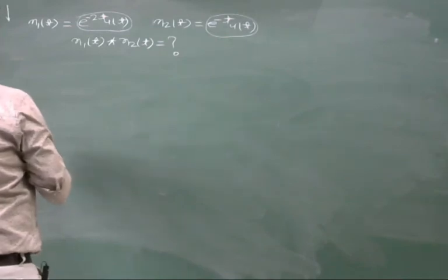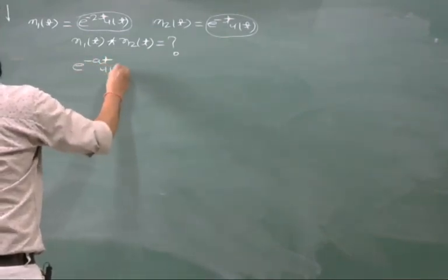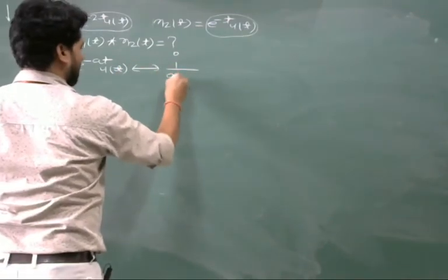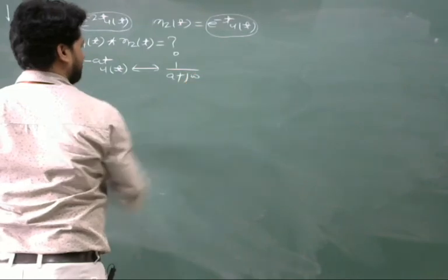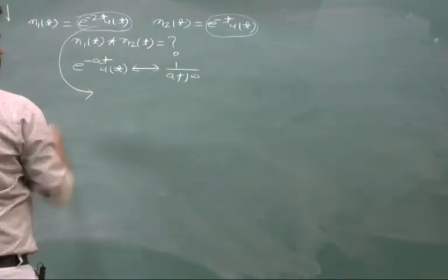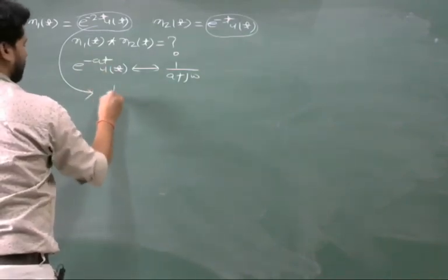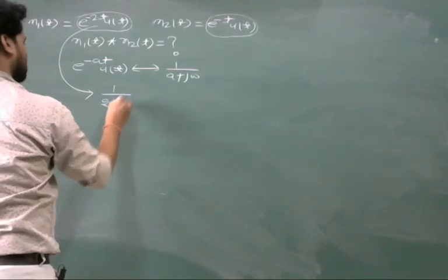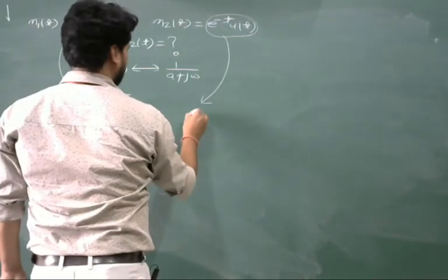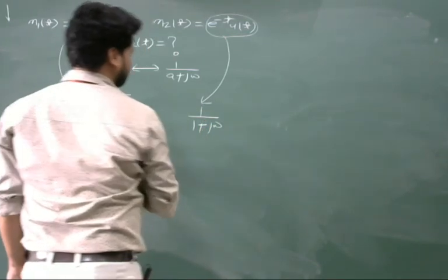Now we know the Fourier transform of e power minus at u(t) is 1 upon a plus j omega. Here instead of a it is e power minus 2t, so the Fourier transform of this signal will become 1 upon 2 plus j omega, and the Fourier transform of this signal will become 1 upon 1 plus j omega.